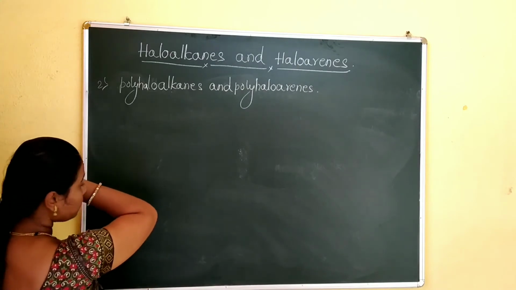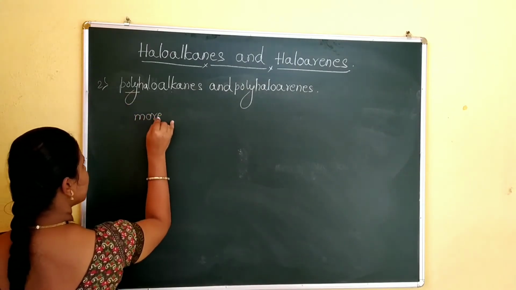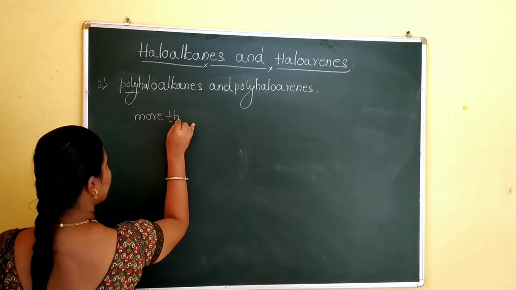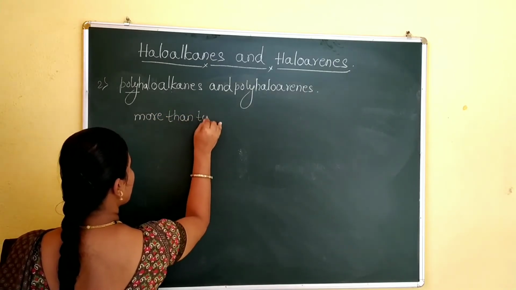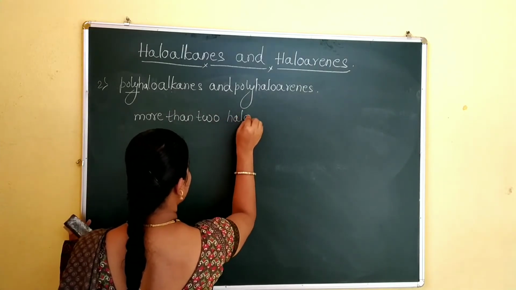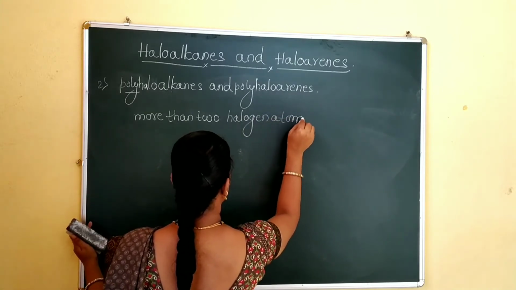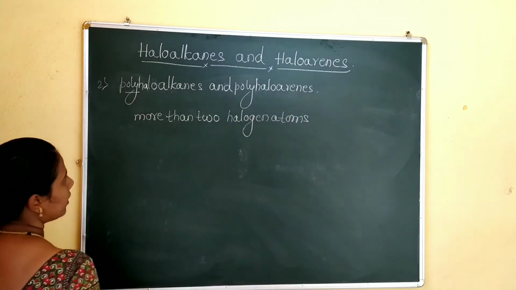See here, poly means they contain more than 2 halogen atoms.